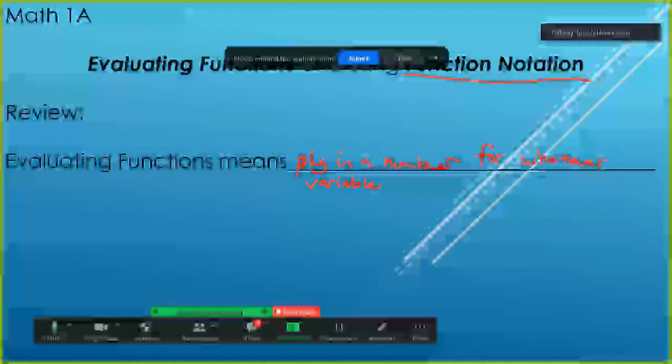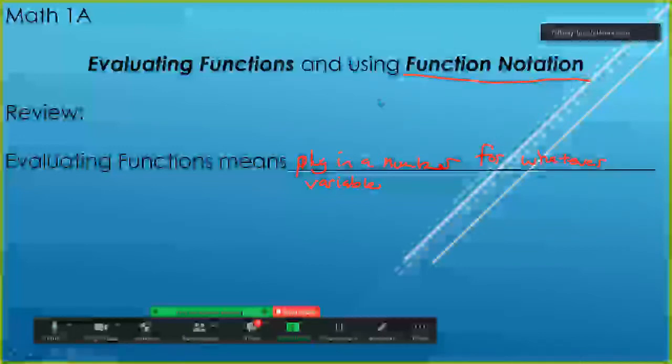Usually it's going to be X. Okay, I'll be honest with you guys. Usually it's going to be we're plugging in a number for X. But let's be ready in case it's something else. Plug in a number for whatever variable it's asking you to find.